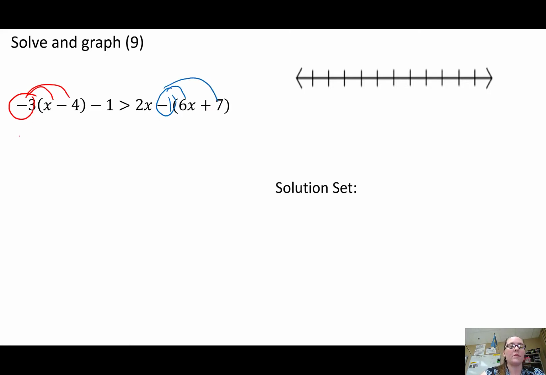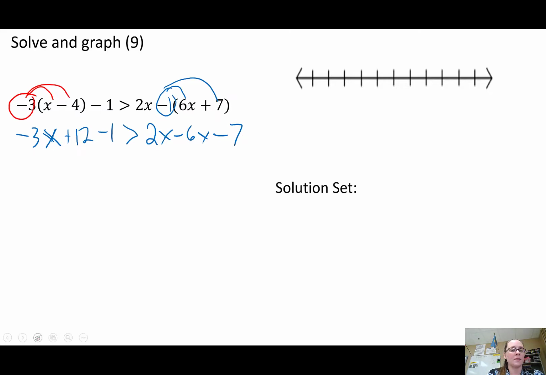So negative 3 times x, negative 3x, negative 3 times negative 4 is a positive 12. I still have that minus 1 greater than 2x. Negative 1 times 6 is a negative 6x, and negative 1 times 7 is a negative 7.